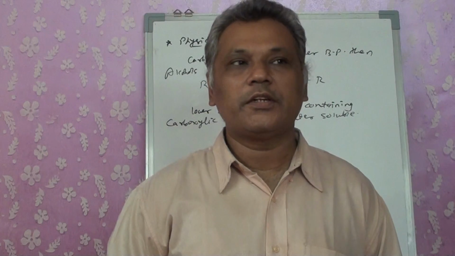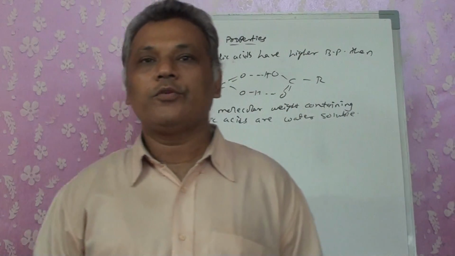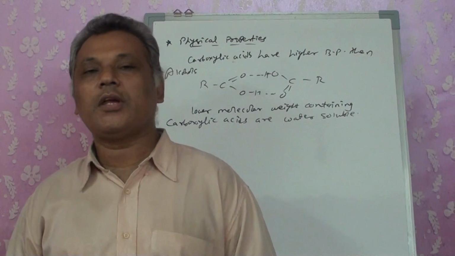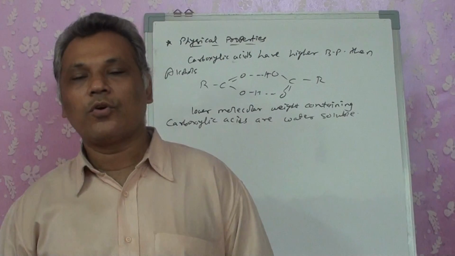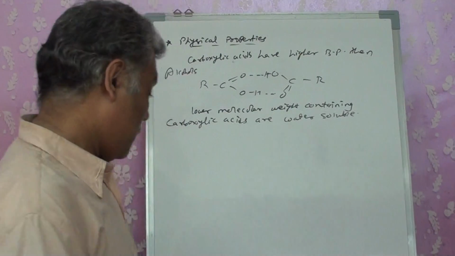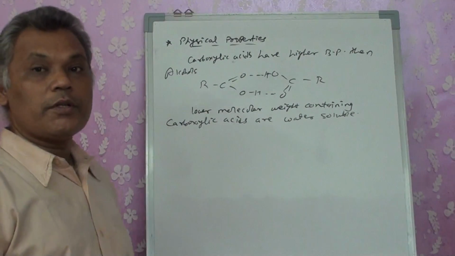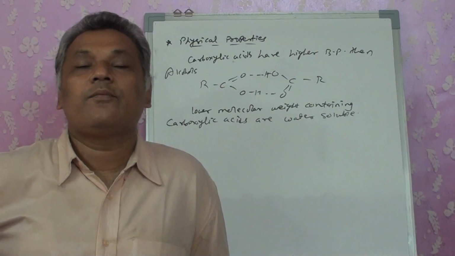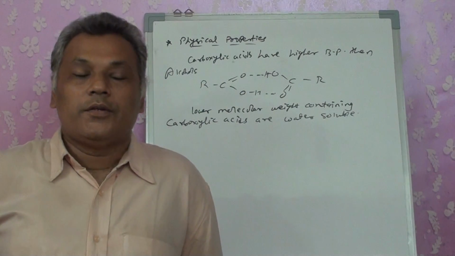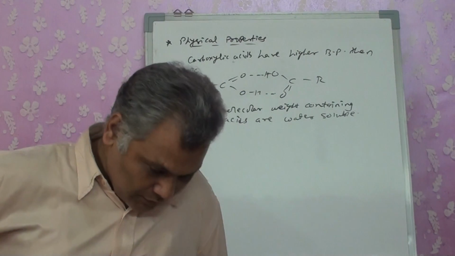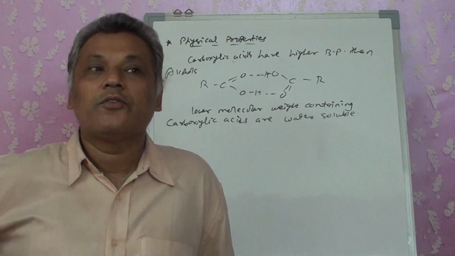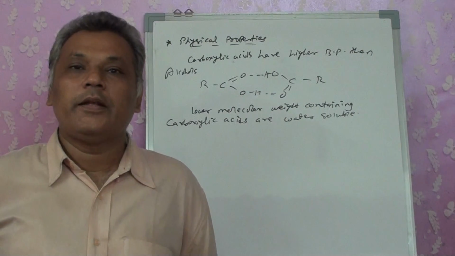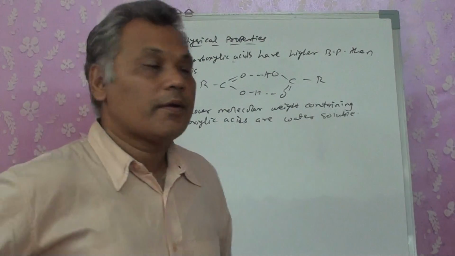Which compound will we consider a lower molecular weight? Those compounds having one functional group, up to 3 carbons, we will consider as lower molecular weights, right? If you are having 2 COOH groups, then up to 6 carbons we will consider them lower molecular weights, and we will find that they are water soluble, right? So lower molecular weight means again the same characteristic, 1:3. The ratio we will find out, greater the ratio, less is the solubility, right?